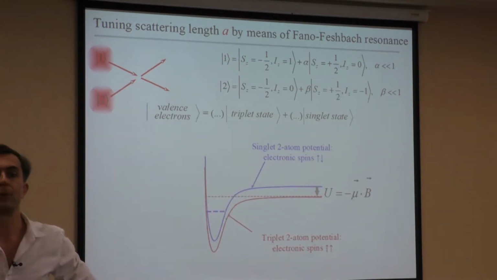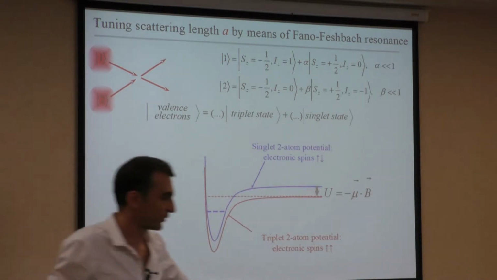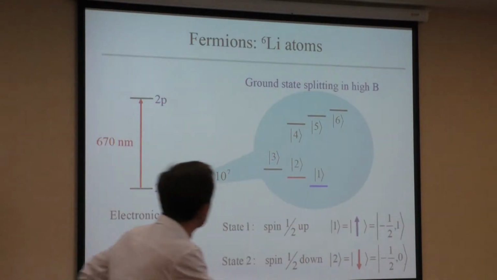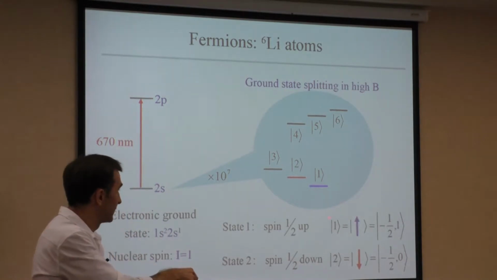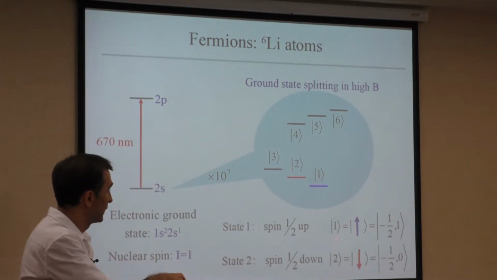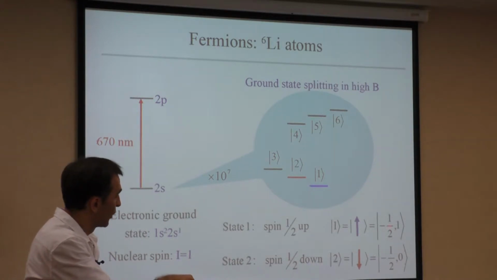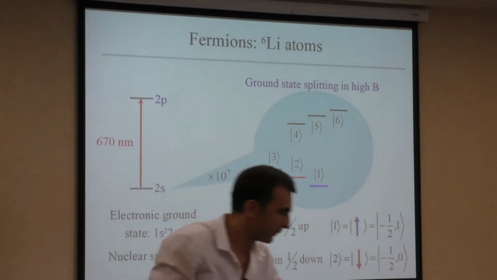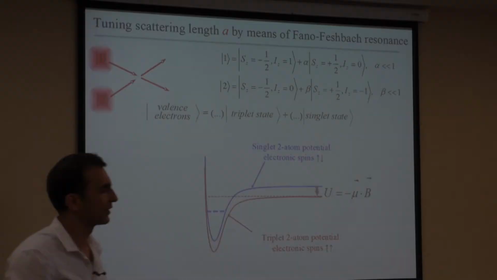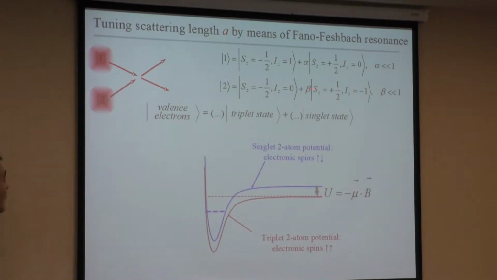Let's go slightly more into details of those 2 states, state 1 and state 2. So far, I announced that for infinite magnetic field, those states are very simple: only 1 projection of electron spin and only 1 projection of the nuclear spin. At finite magnetic field, there is a little more complication, a small addition to the state.